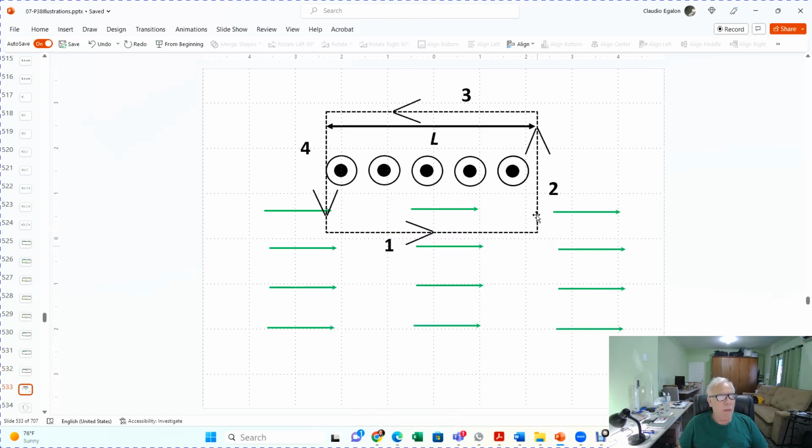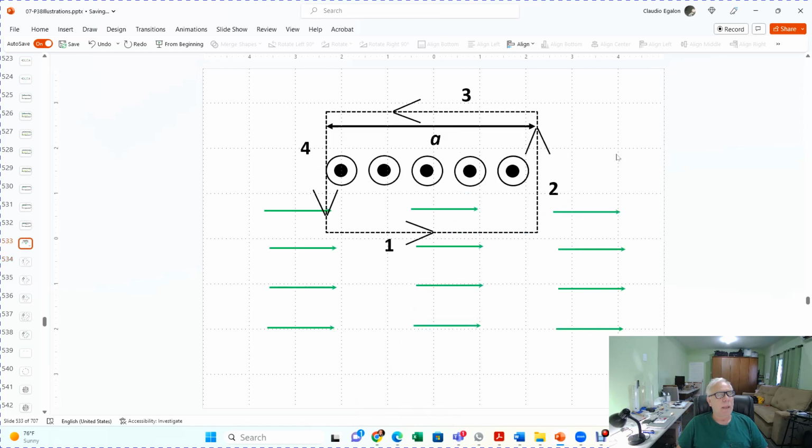I give an arbitrary length to this side. Instead of L, I'm going to put A, because L is the length of the solenoid, not the length of the loop.